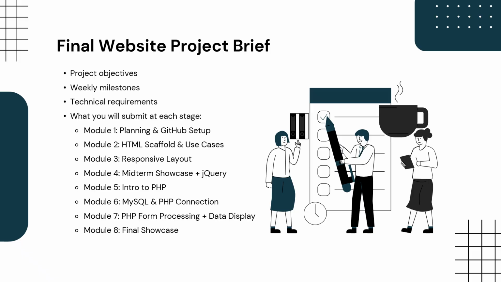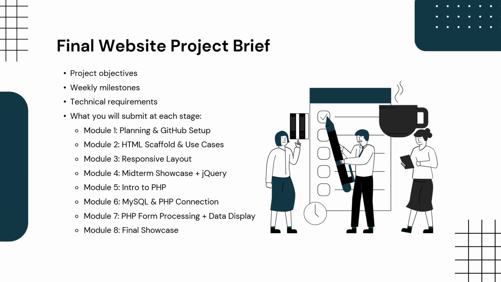Now, the way that this course is broken down, modules usually run every couple of weeks. They contain about 2 weeks of work, and so for the first module, as far as your project, you're going to be doing the planning and your GitHub setup. During the second week, you're going to be creating the scaffold, which is just your wireframe, and then your use cases.